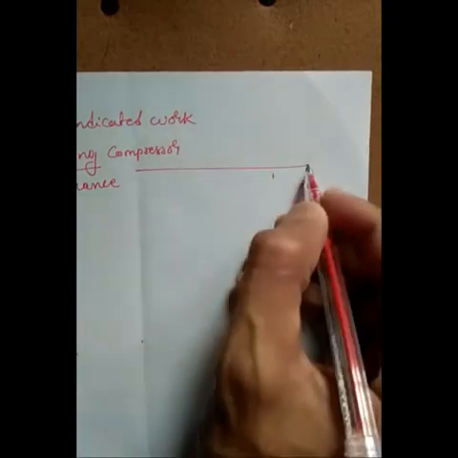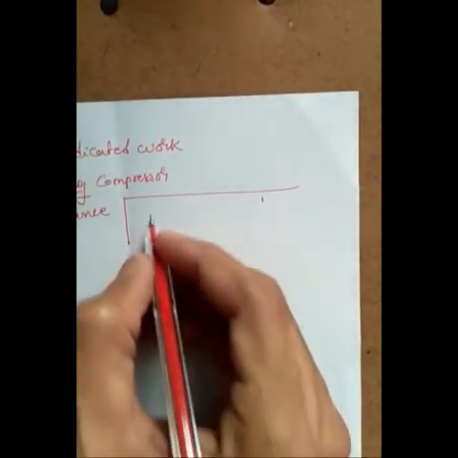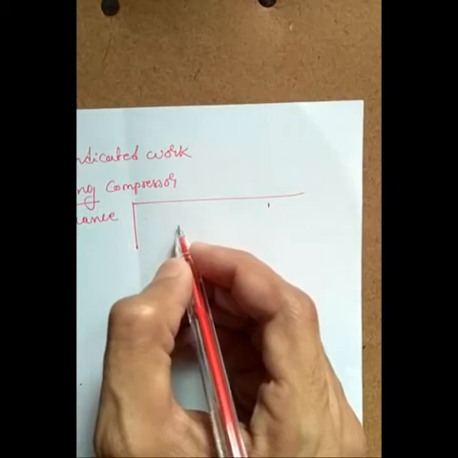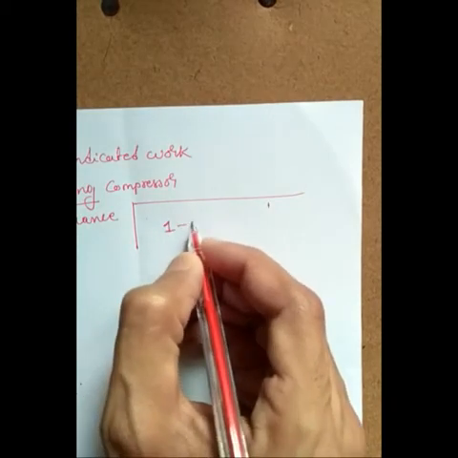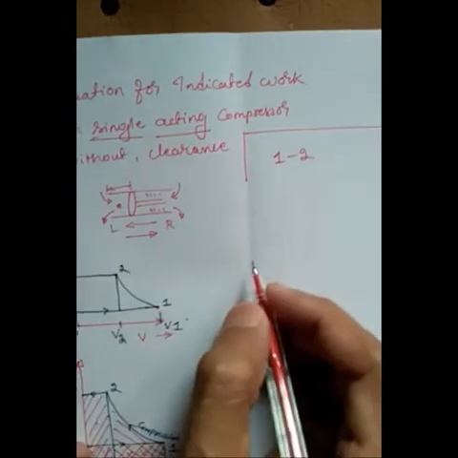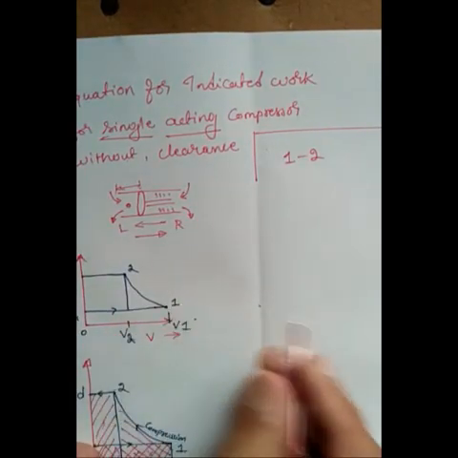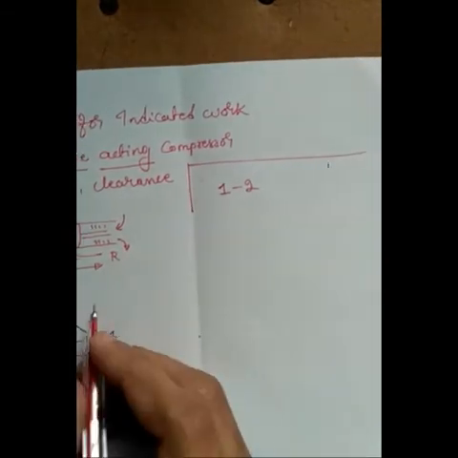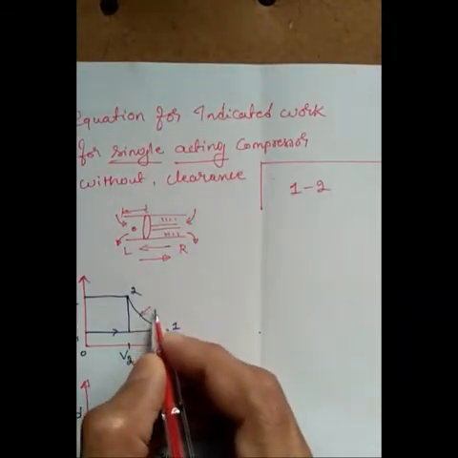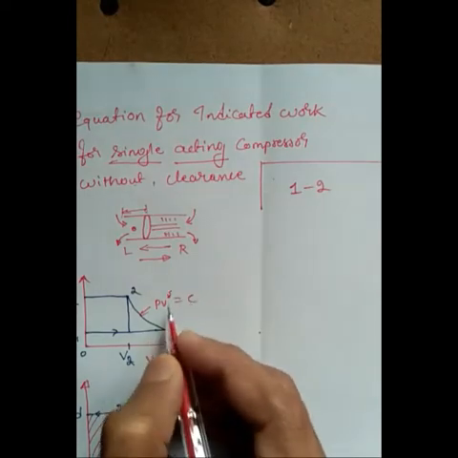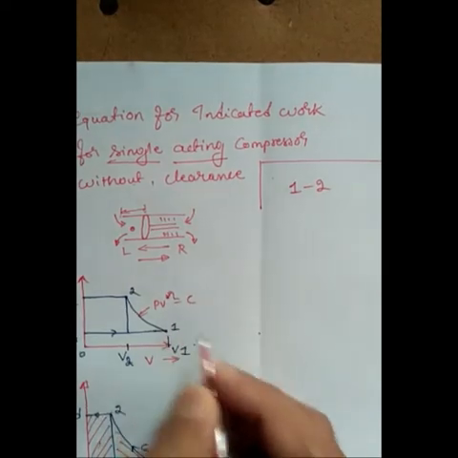So now the work in process 1 to 2 is, it's PV power gamma is equal to C, not gamma, actually it is n.